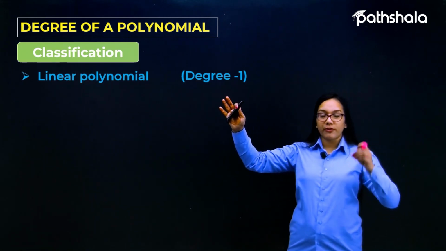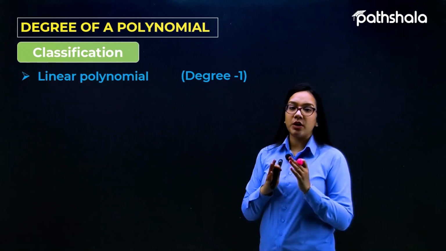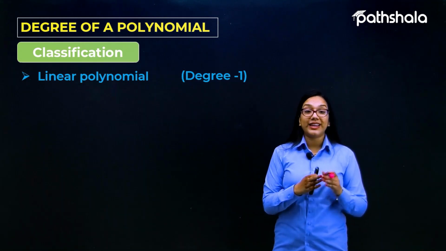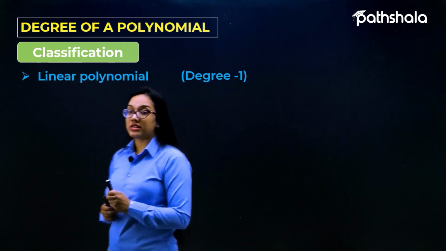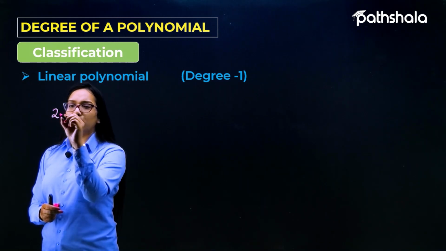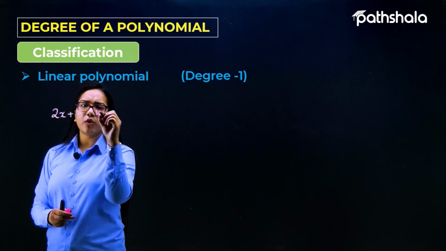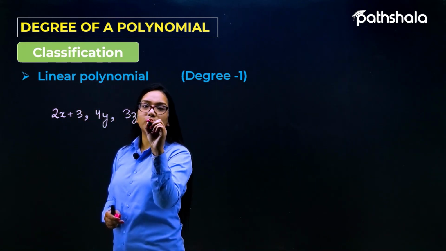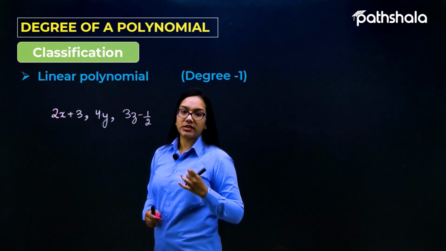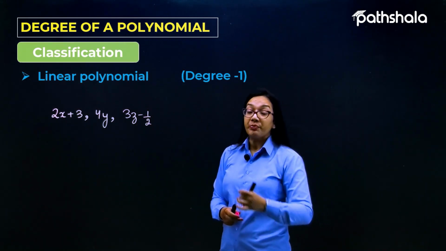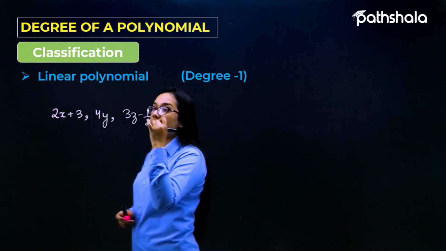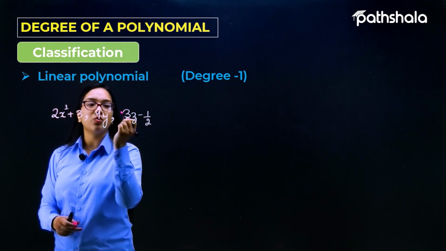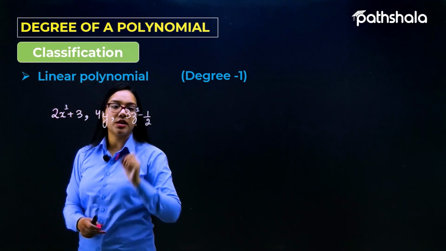In the classification, we'll first talk about the linear polynomial. What is the meaning of a linear polynomial? A linear polynomial is a polynomial which has degree 1. For instance, 2x plus 3, 4y, and 3z minus 1 by 2 are all called linear polynomials because in these polynomials x is raised to the power 1, y is raised to the power 1 and z's power is 1.